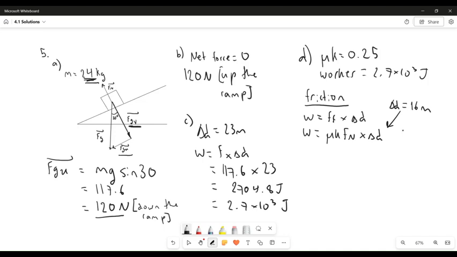And also it's important to remember that Fn is equal to Fgy, as we can see here. So as we can see, Fn is equal to Fgy because these two lines intersect at this point, and they are right next to each other.